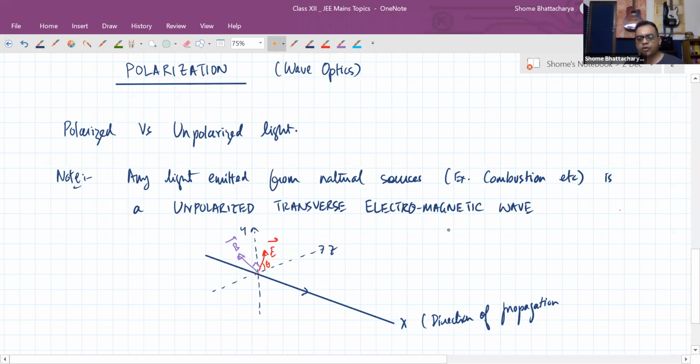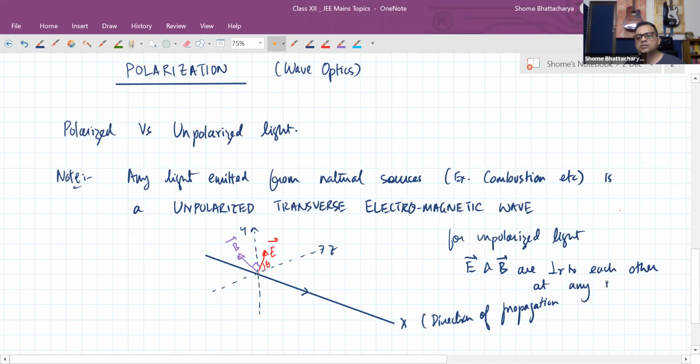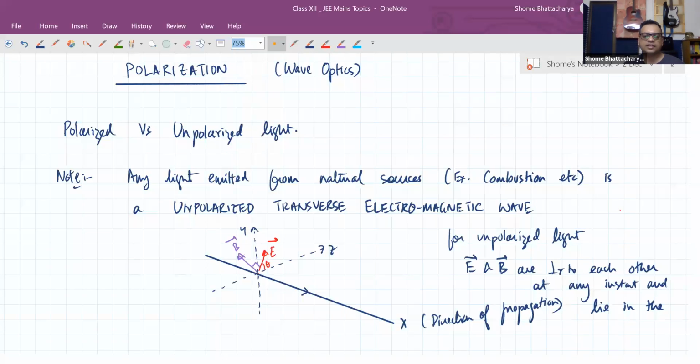So for unpolarized light, the electric field and magnetic field are perpendicular to each other at any instant, and lie in the plane perpendicular to the direction of propagation. But in that plane, they are continuously rotating.